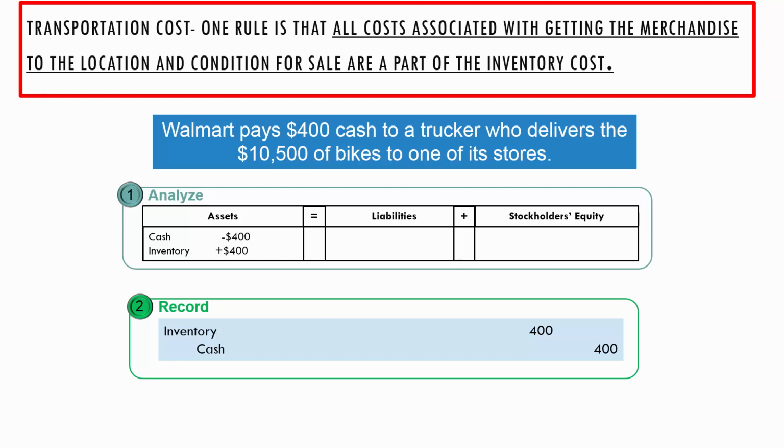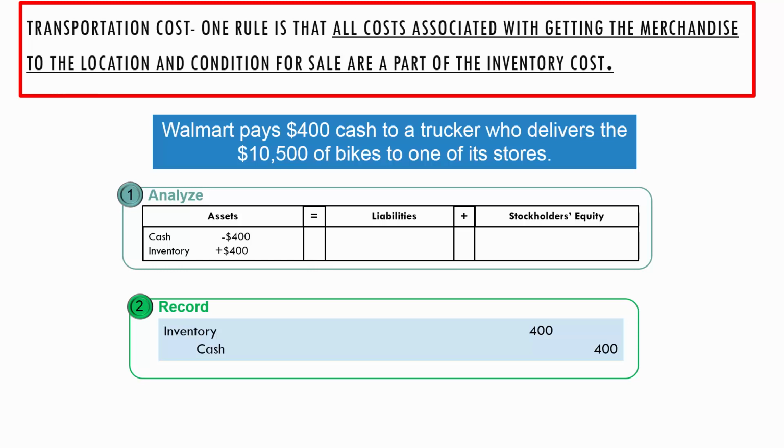What about those costs? Again, all the costs of getting the merchandise to the location and condition for sale would be a part of inventory cost. So having it pressed or ironed becomes a part of the inventory cost. Having it sent to the cleaners to be cleaned, it becomes a part of inventory cost.